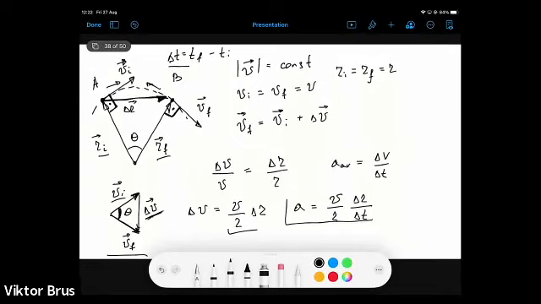So the direction of the change of velocity, delta v, will always be perpendicular to the velocity vector in this very small displacement. In that case, the orientation of centripetal acceleration will be aligned along the position vector, which is actually the radius of curvature with the center in the center of this circular trajectory.